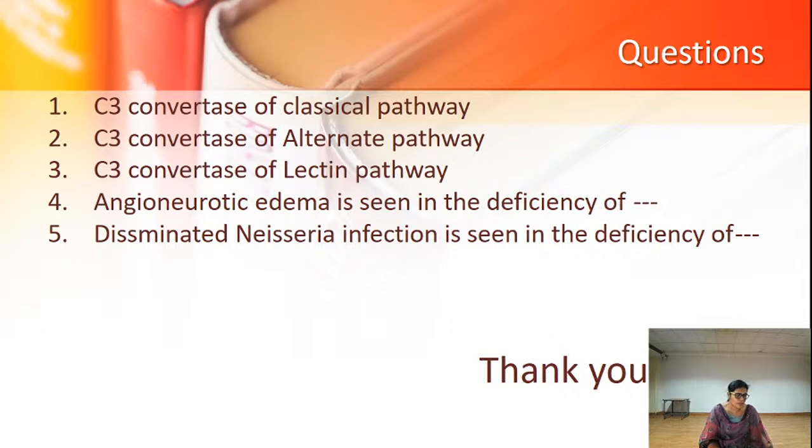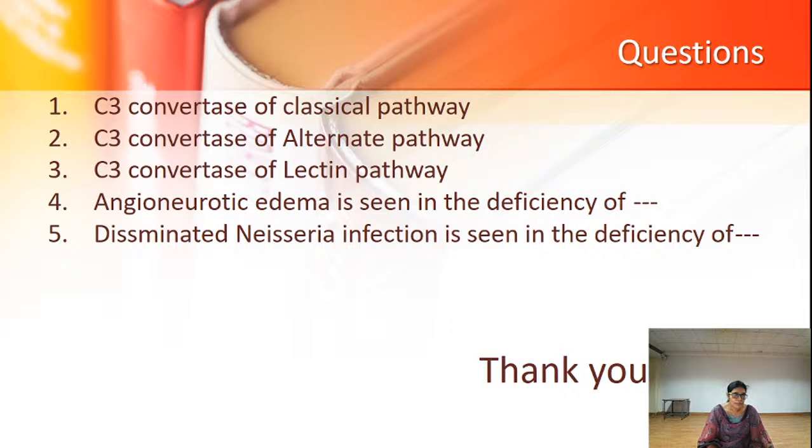Answer these 5 questions only. What is the C3 convertase of the classical pathway, the C3 convertase of the alternate pathway, and the C3 convertase of the lectin pathway? Angioneurotic edema is seen in the deficiency of what? Disseminated Neisseria infection is seen in the deficiency of what? These are commonly asked questions, either in multiple choice, PG entrance, or in the vivas.